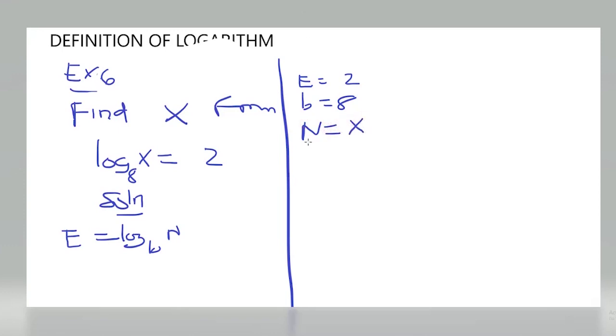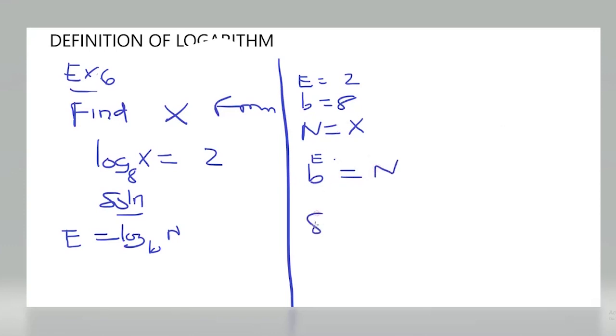Now write this into exponential form. The formula for writing exponential form from logarithmic form is base power exponent, and this is always equal to the number.